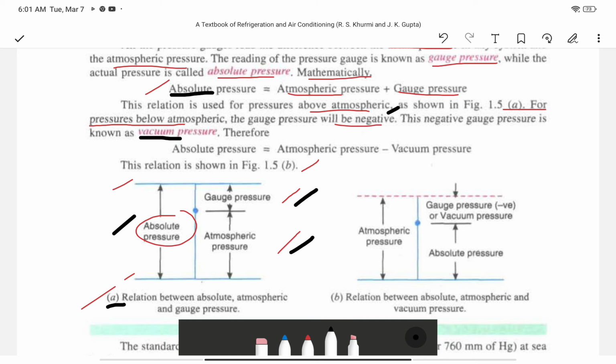This is now the figure showing the relation between absolute, atmospheric and vacuum pressure.